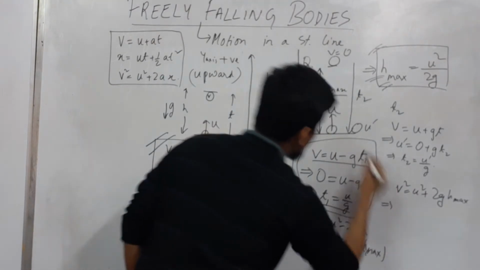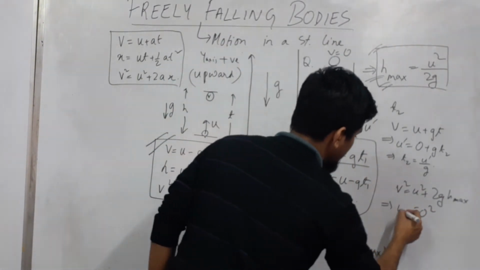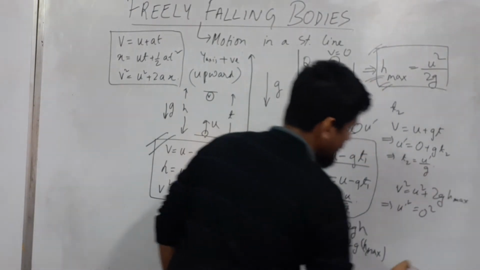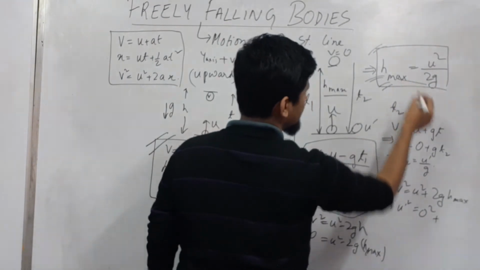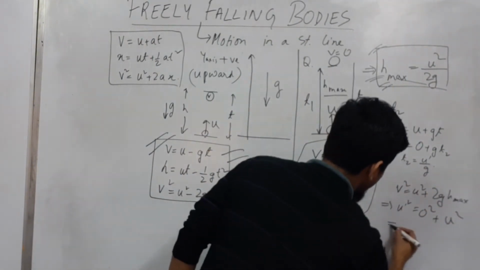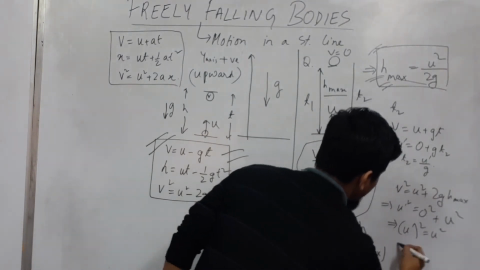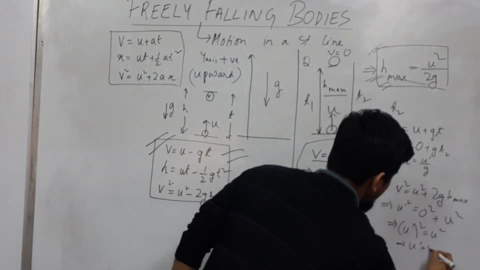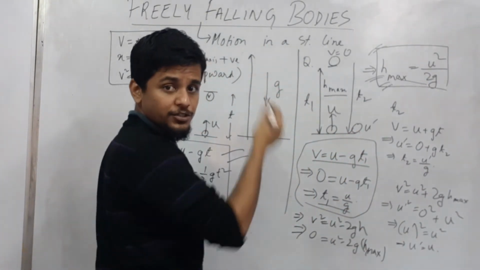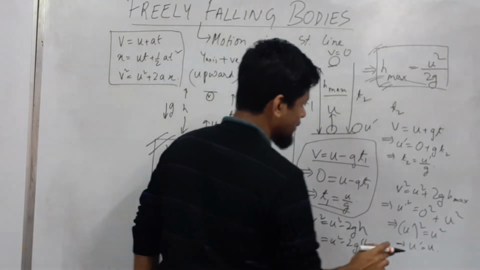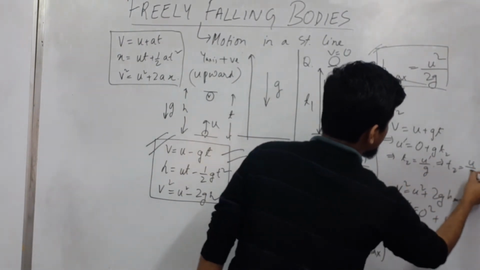Since it started from this point, the initial velocity is 0, and the final velocity is u dash, so u dash square is equal to twice g h max, which is basically equal to u square. That gives us that u dash is equal to u. So the final velocity is equal to the initial velocity with which it was thrown up. That implies that t2 is equal to u by g.